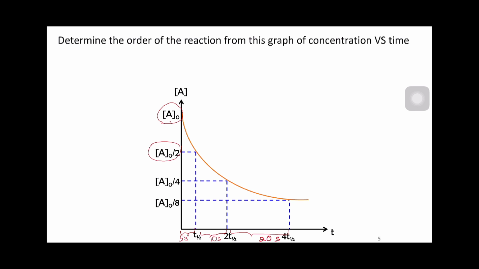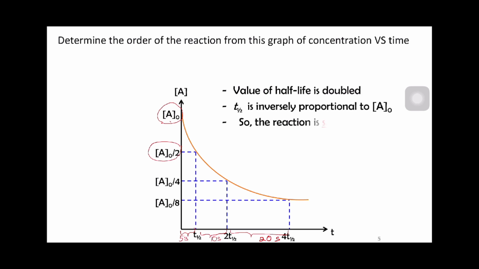So we can see here that the first half-life is 5 seconds, next is 10, and next one is 20, meaning that the half-life becomes double. So what is our conclusion? The reaction is actually a second order reaction.